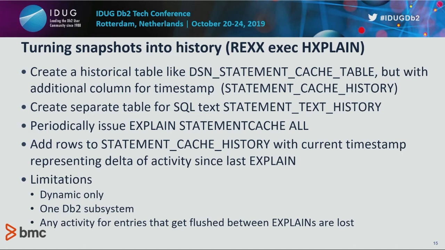And I didn't include the class 29 information when entries get flushed. So if I were to just stop and use that technique, I'd probably want to run the snapshots fairly close together to avoid missing a lot of things that got flushed in between.